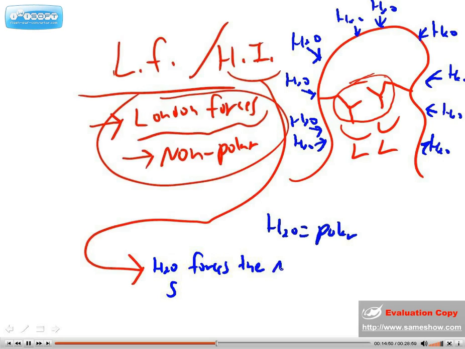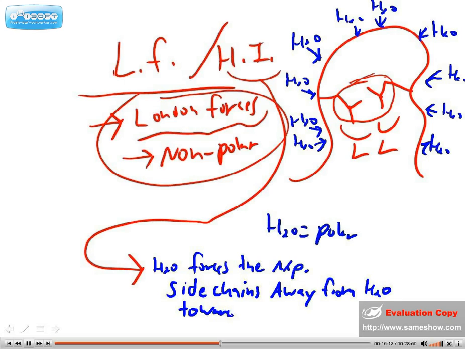the nonpolar side chains away from the water, toward the center of the polypeptide.